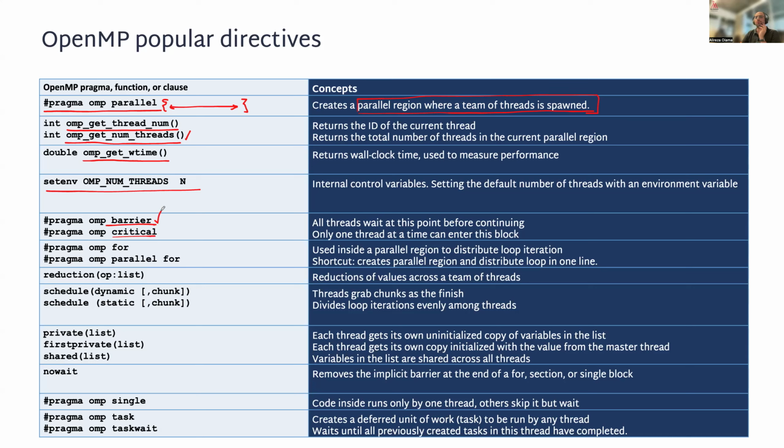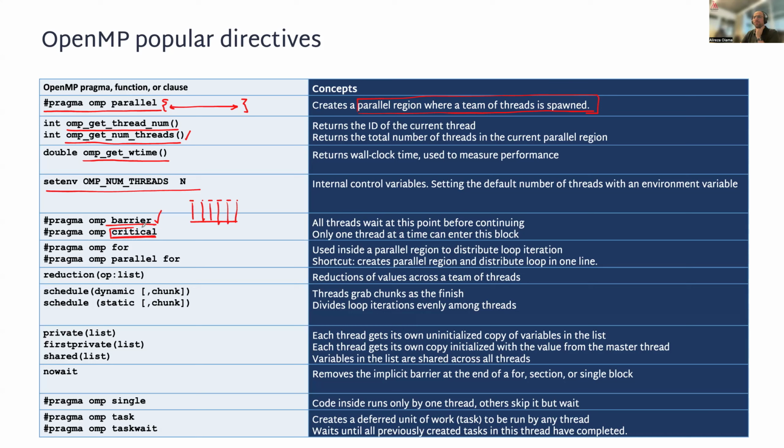Barrier is used when you want all your threads to wait for the others to reach that barrier point. So for example, you have a barrier here and these are your threads. All of them need to wait at this specific point until everybody is ready, and then they can continue execution.